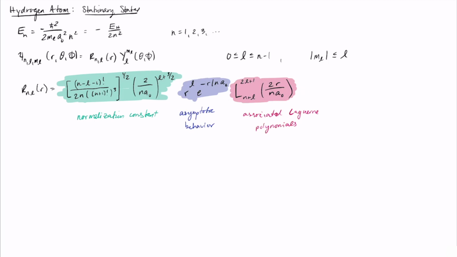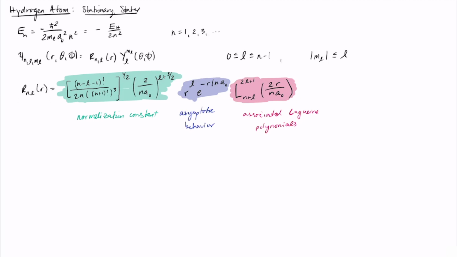The Laguerre polynomials have a maximum order, which ends up being n minus L minus 1, which we'll see some examples of in a second. And again, we see that just naturally out of this, the natural distance for the hydrogen atom is related to the Bohr radius, right? So here you have this r over a naught popping up again.